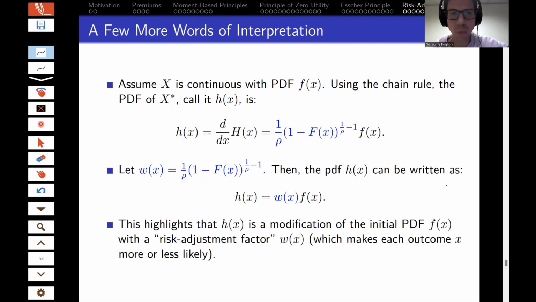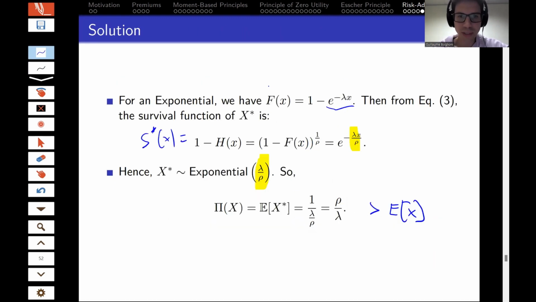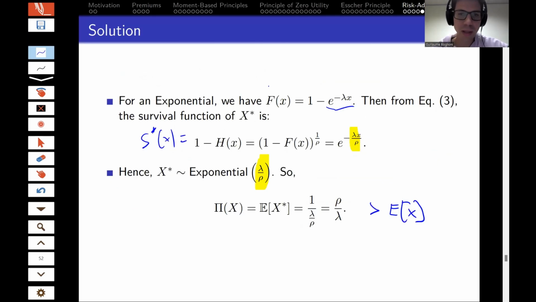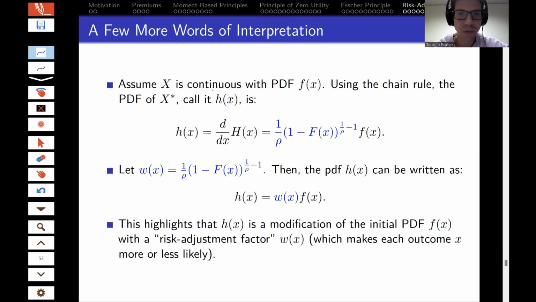Now, a few more words of interpretation, then we're going to check the axioms, and I believe then we're going to be good. For ease of interpretation, let's assume that X is continuous. Here we have not assumed X was continuous, we just assumed that X is non-negative. If we want to help our interpretation, we're going to do a bit more work, assuming X is continuous.